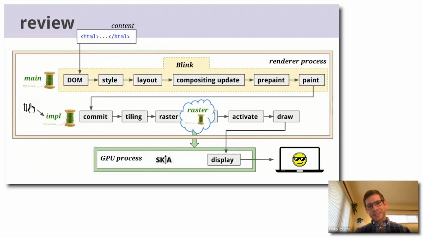We then passed these painted results along with property trees to the Impl thread, which broke up the layers into tiles, which rastered each tile independently. Once it was done rasterizing each tile, it swapped its buffer. It then passed the final results back to the GPU process, which combined multiple renderers and finally put the result on the screen.